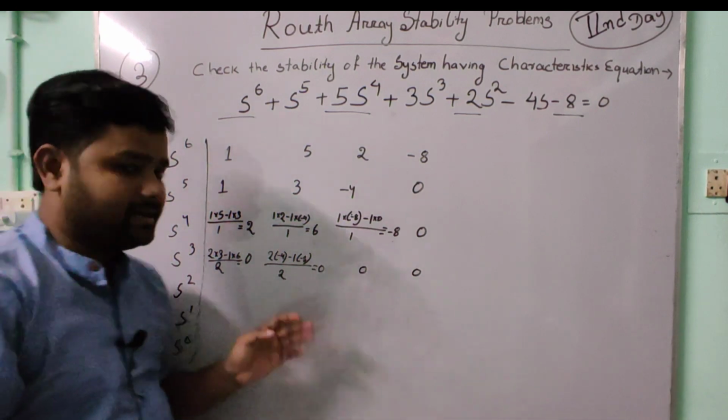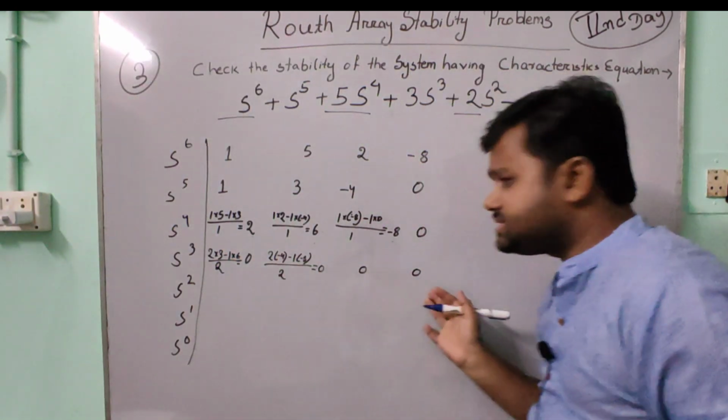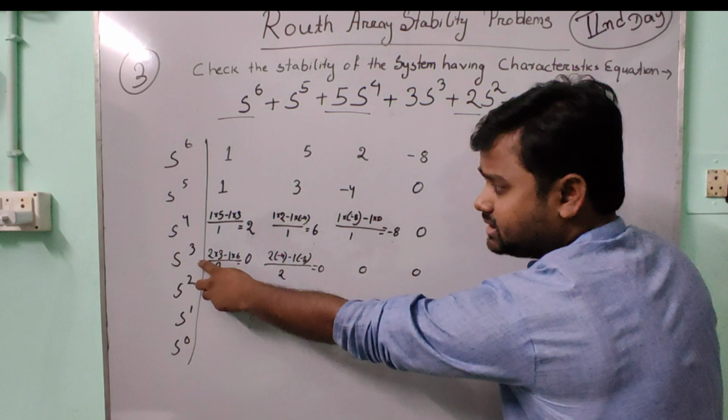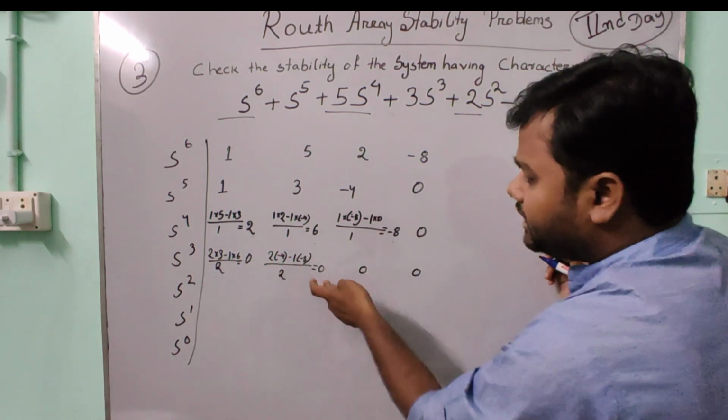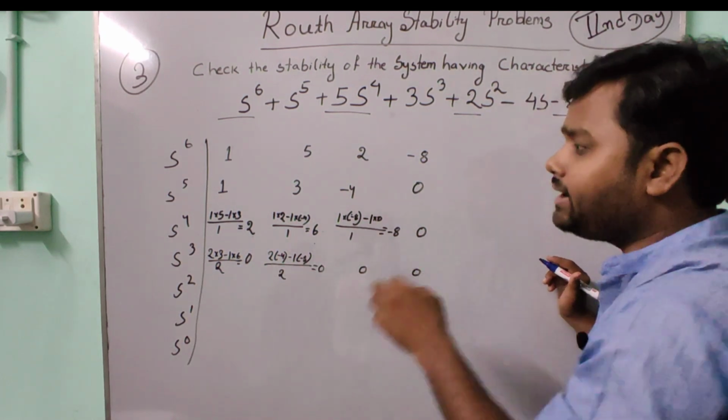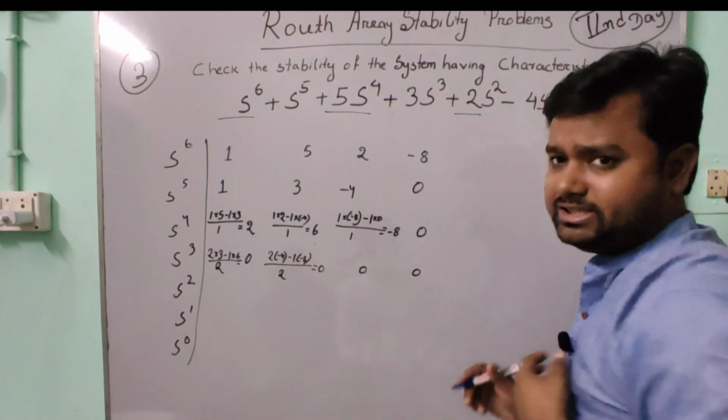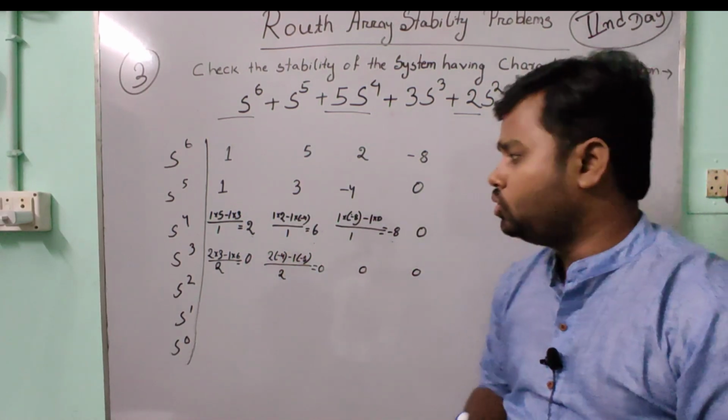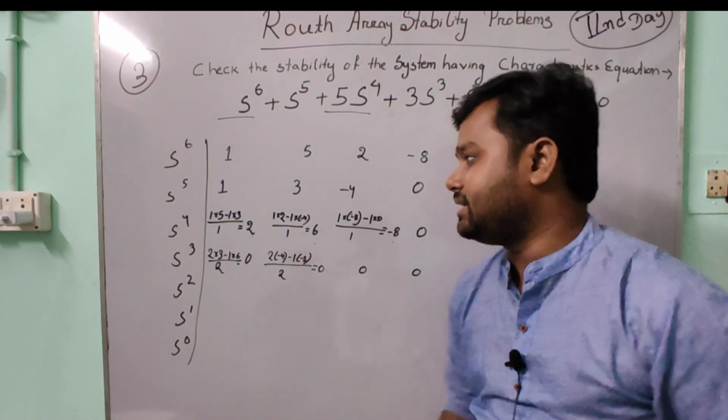Here we have seen that in the s^3 row all the elements are 0. When all the elements are 0, we have to do one extra thing.